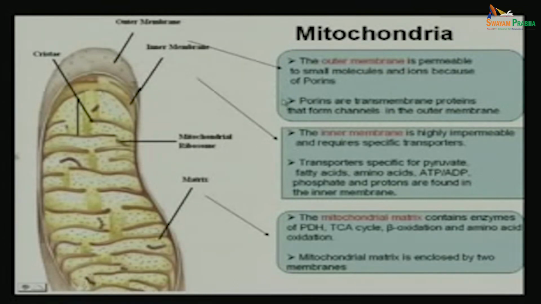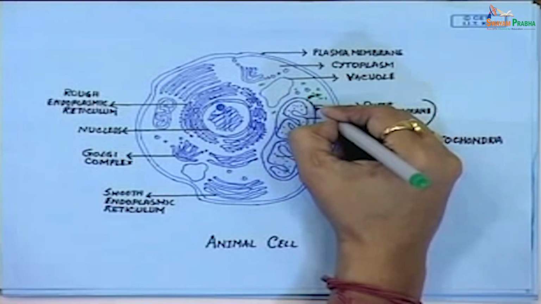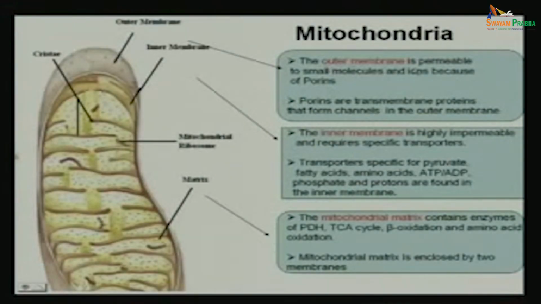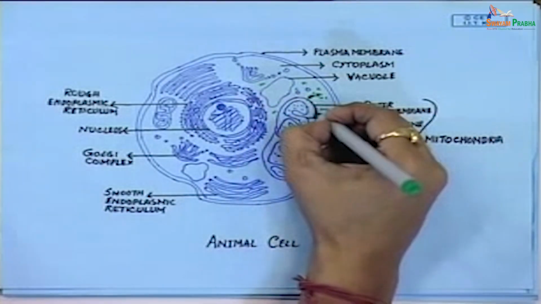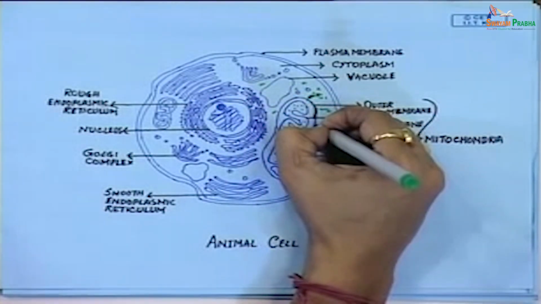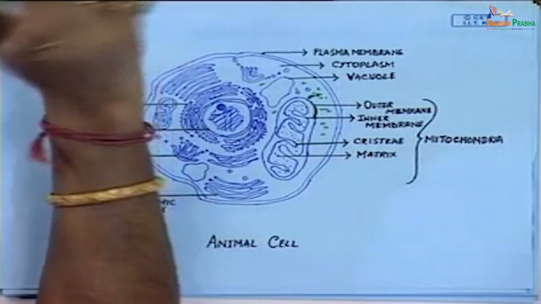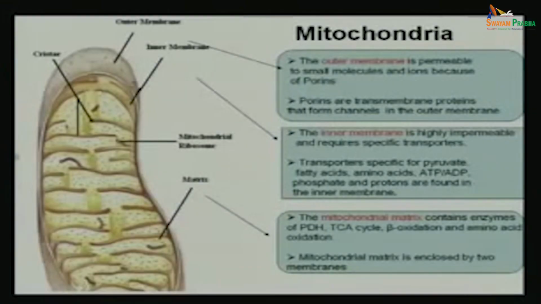Now, if we see the outer membrane of this mitochondria, we can find that it is permeable to small molecules and ions because of the presence of the proteins called porin proteins. So, porin proteins help the transportation of some ions and small molecules through this outer membrane.